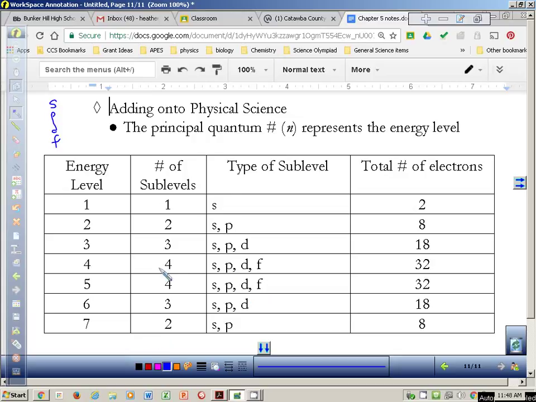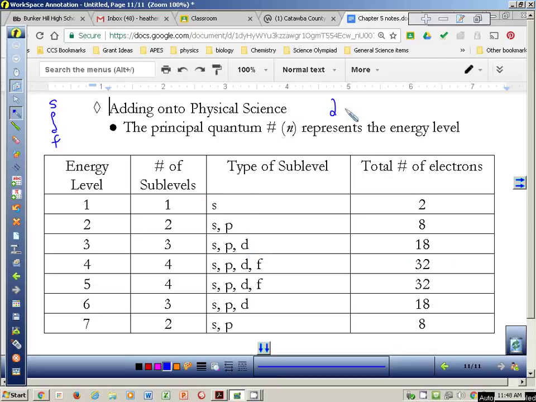How we get this over here, this is just like what you learned in middle school or physical science, 2, 8, 18, and 32. How we're getting that is from this. What we just said was that every orbital can hold how many electrons? 2.